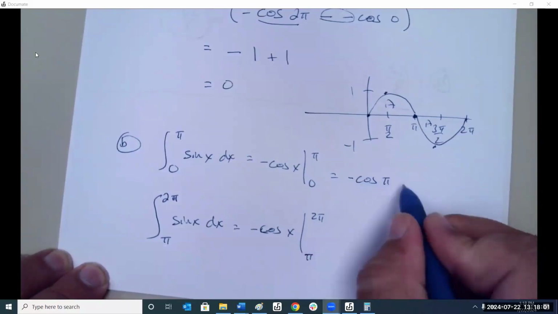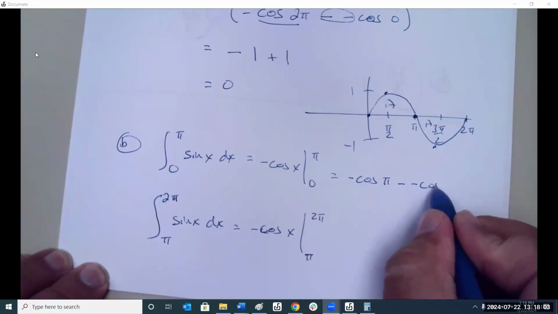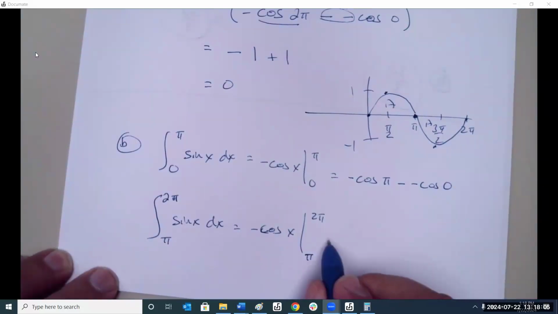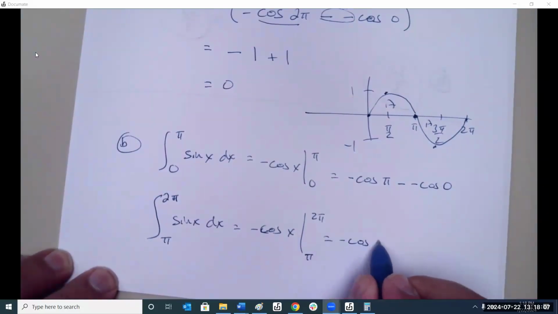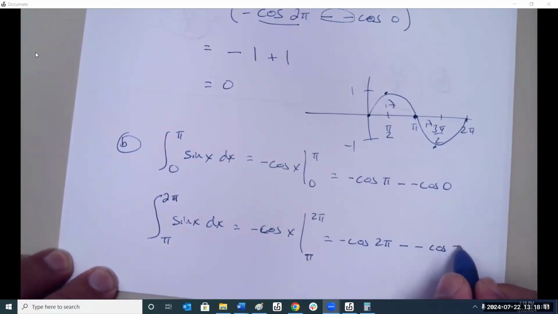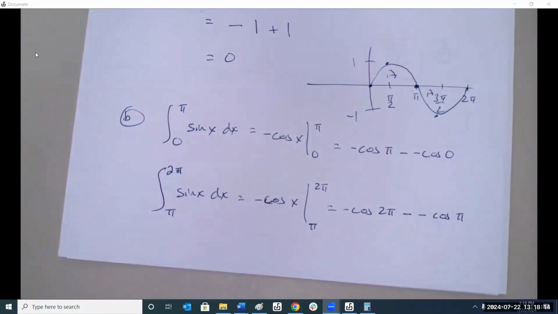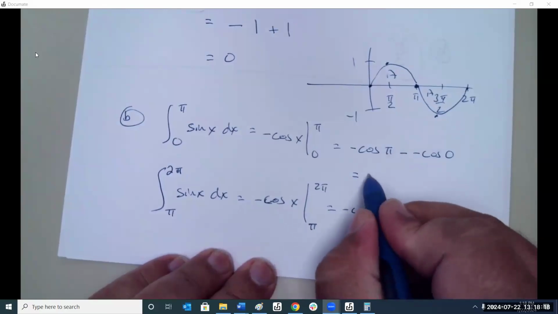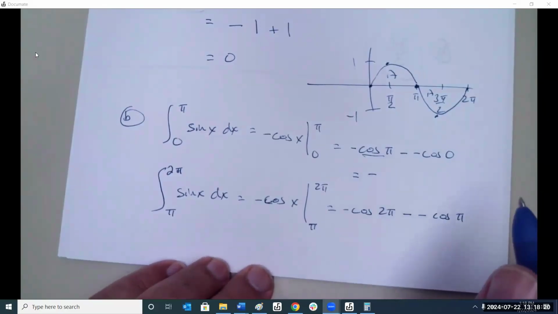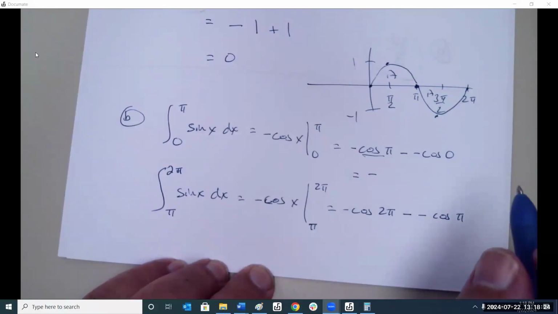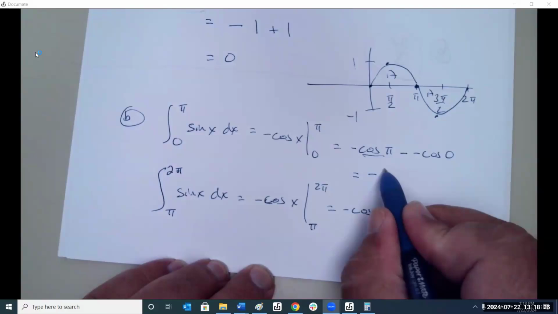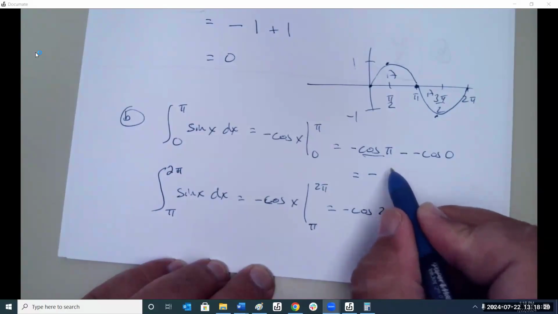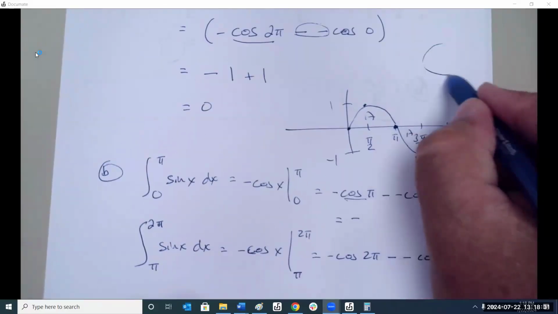negative cosine pi minus negative cosine 0, negative cosine 2 pi minus negative cosine pi. Cosine of pi is... look at the unit circle.